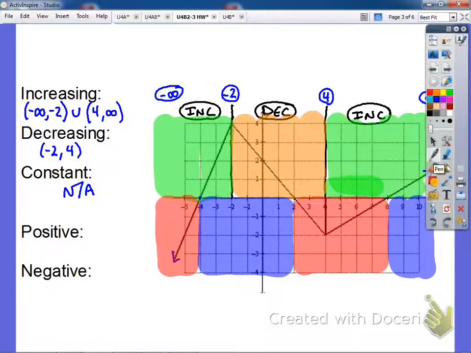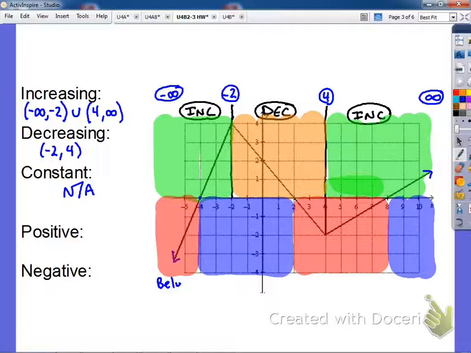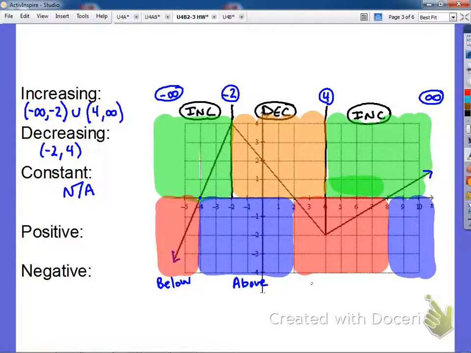Okay. So here it's below. Here it's above. Here it's below. Here it's above the x-axis.